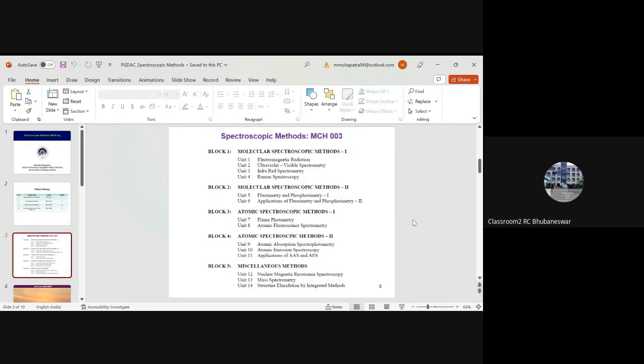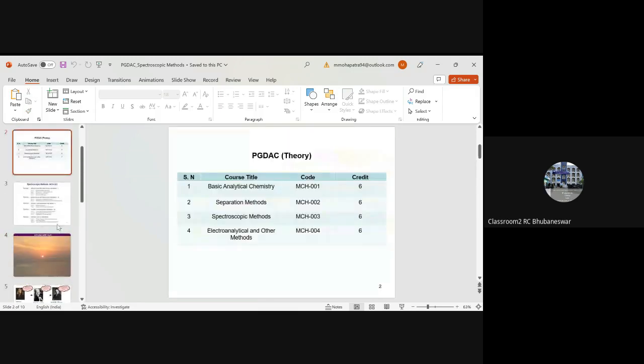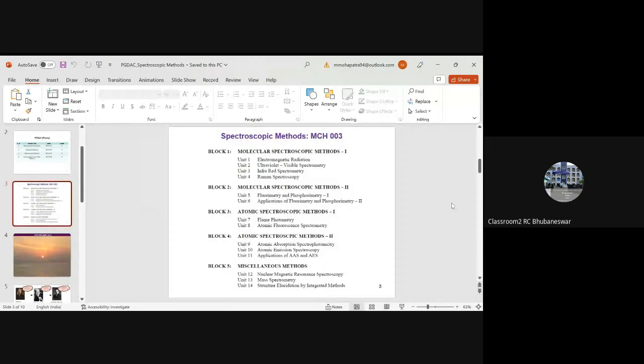Then in the miscellaneous methods, NMR, mass, these are the miscellaneous methods coming into picture, because that will help you for the structural elucidation portion. But the main thing is, apart from many informations you got through the classes, you have to read on your own.